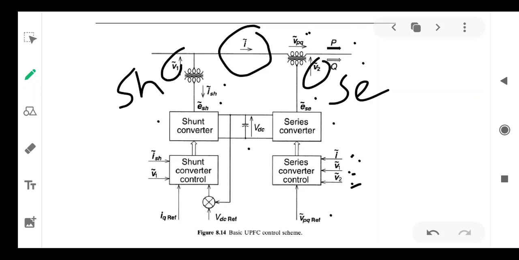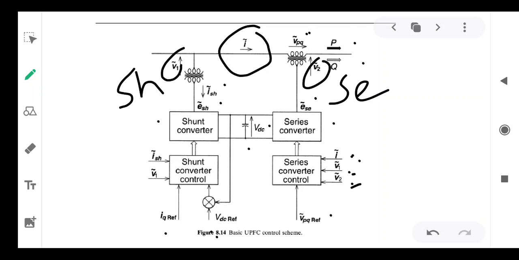And second, VDC reference is taken here, and this is the VDC actual voltage. The actual voltage is compared with the VDC reference, and that error signal is given as one of the control signals to the shunt converter control. The second one is IQ reference, which is compared with the actual shunt current.